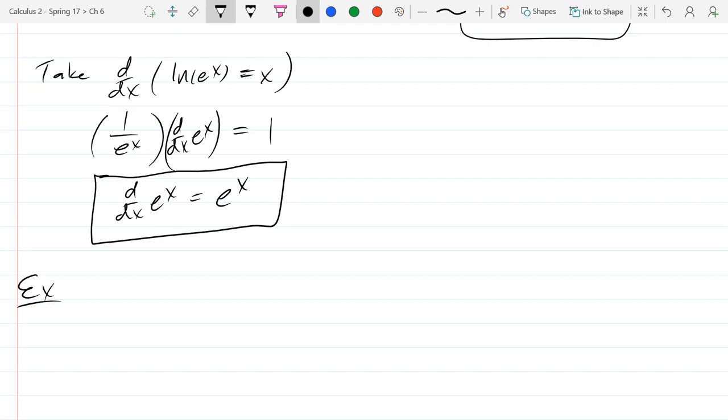So we'll do an example. Find the derivative of e raised to the cosine of x power. Not the x power, but the cosine of x power. So you have a chain rule happening here. Go ahead and take 20 seconds and see if you can write out the derivative with the chain rule.